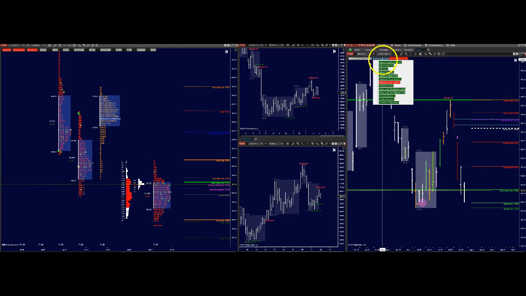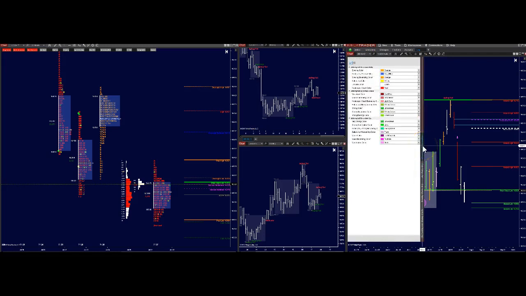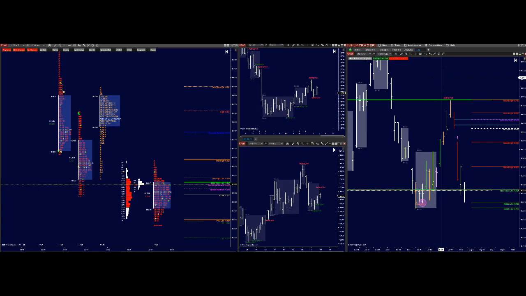Finally, I would like to talk about this directional performance indicator, which are these colored bars here. You can set the color from the map references properties window under the directional performance tab. What is the directional performance indicator? It is coming from Jim Dalton's book, Mind Over Market.